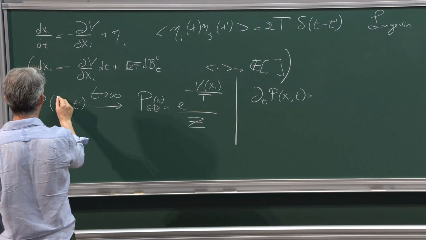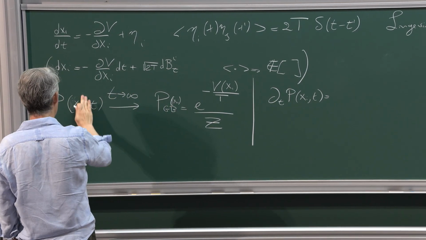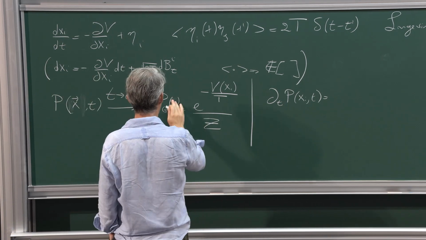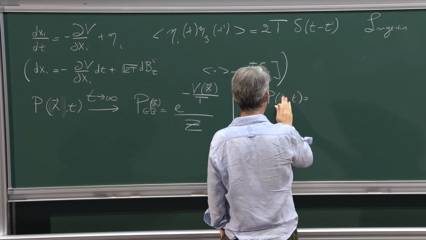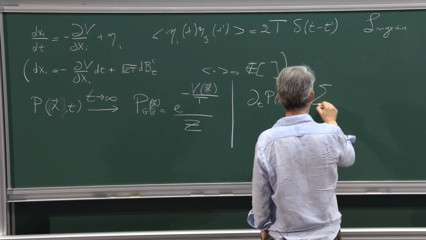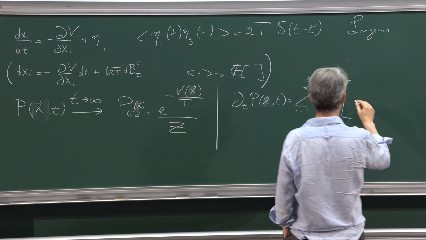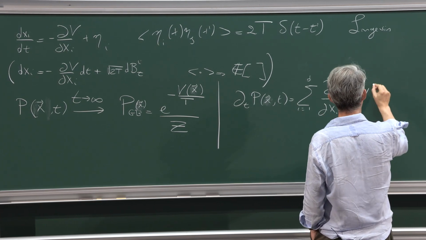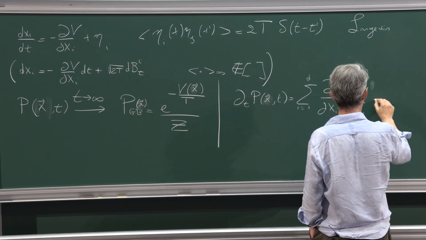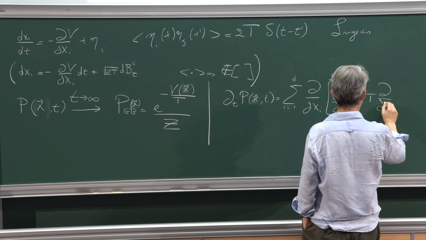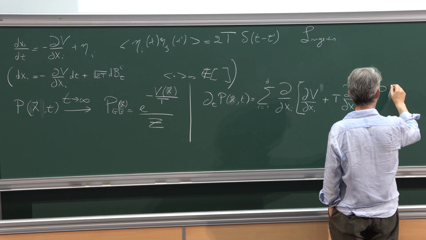So if x is a vector, now you have P of x, and this is the sum over i from 1 to d of d/dx_i of dV/dx_i plus T d/dx_i applied to P of x and t.